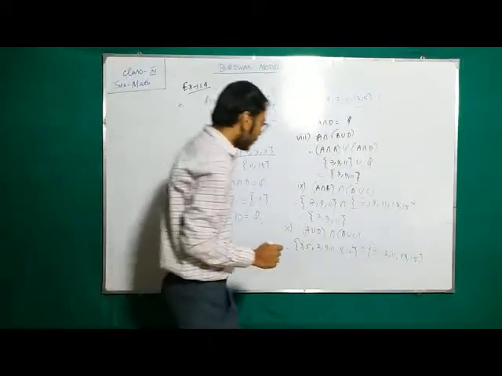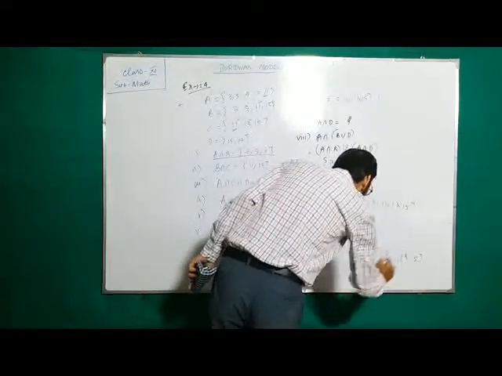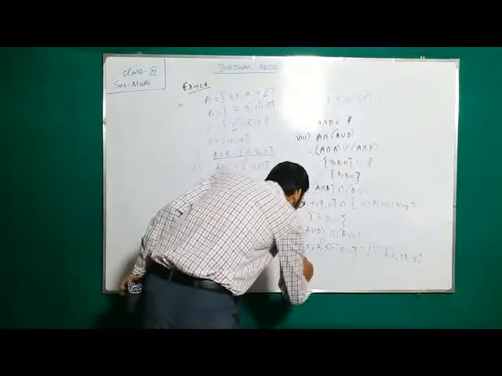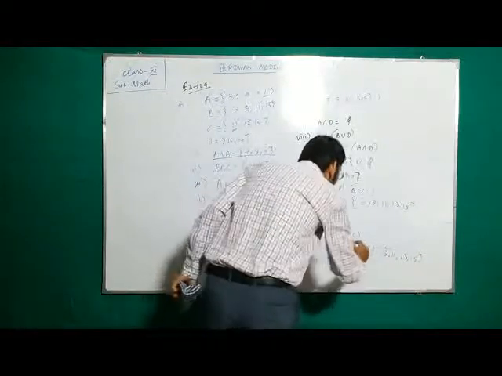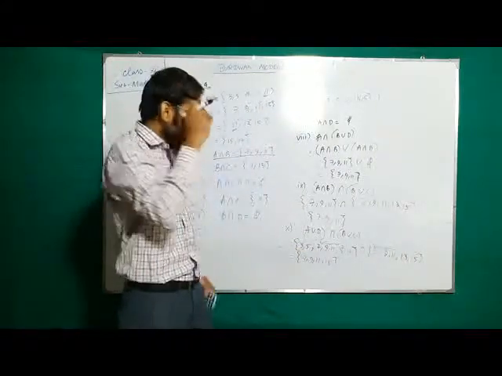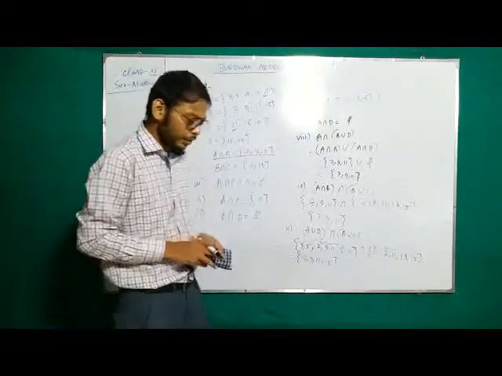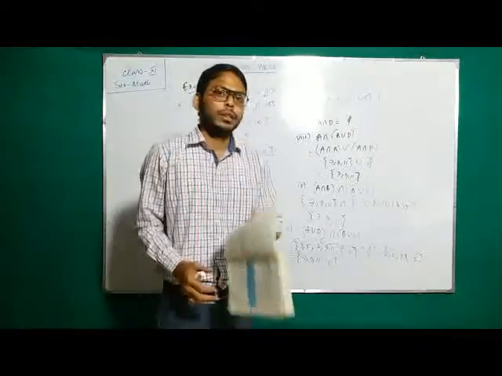So the common elements are 7, 9, 11 and 15. These four elements are the common elements.